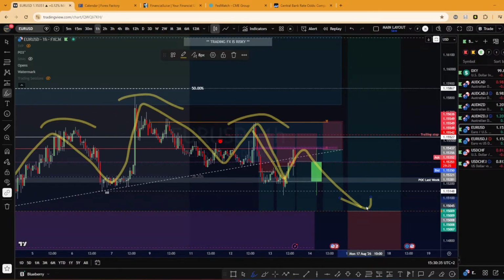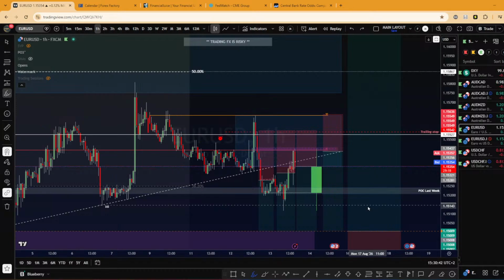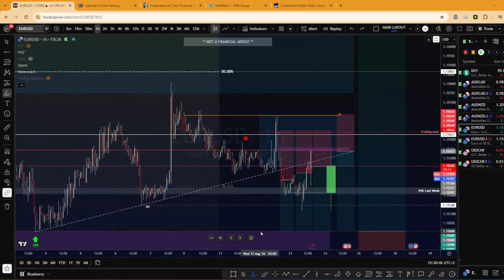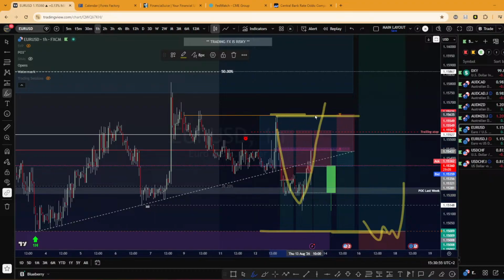The zone where I will be happy to buy is after we reach this imbalance right there, or maybe after we fully break these highs, we close, we come back and close above this weekly open, and then I will be happy to buy again.